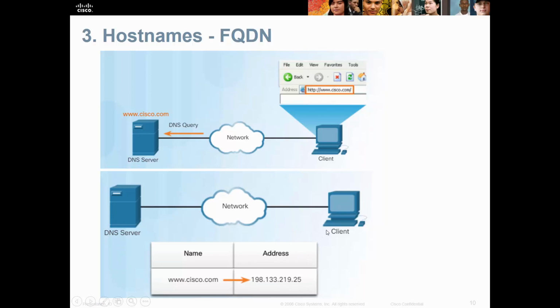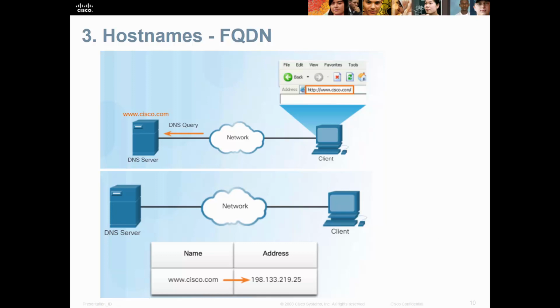So our client now has an IP address, and that allows it to complete the message it wants to send to the destination. All that happens in the background, and all that stuff, including fully qualified domain name, host name and the DNS process, will be covered later in the course.